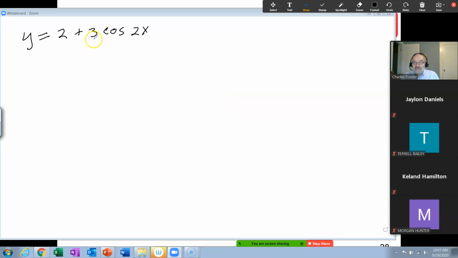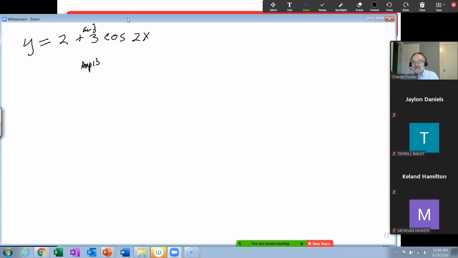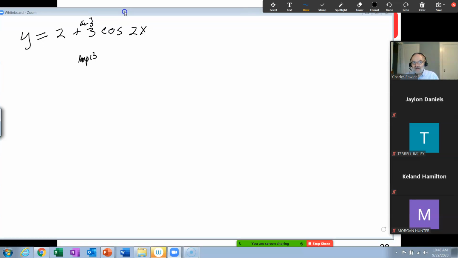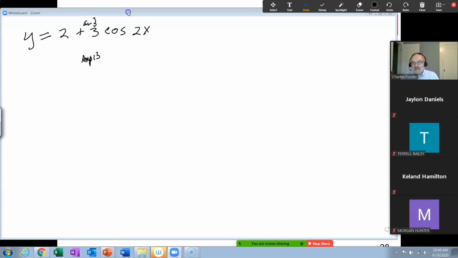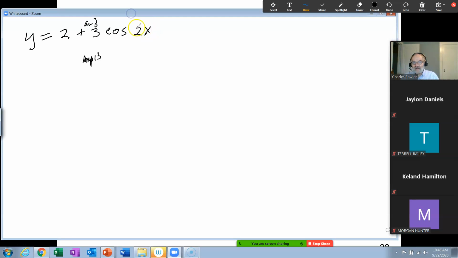Here, the A is equal to 3. That means the amplitude is 3. Here, the B is equal to 2.